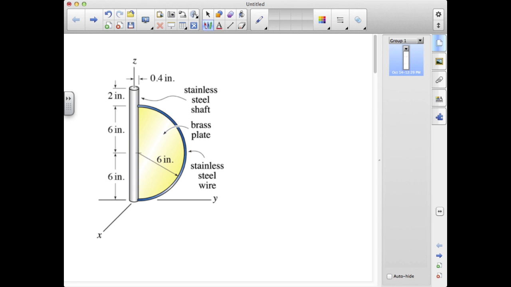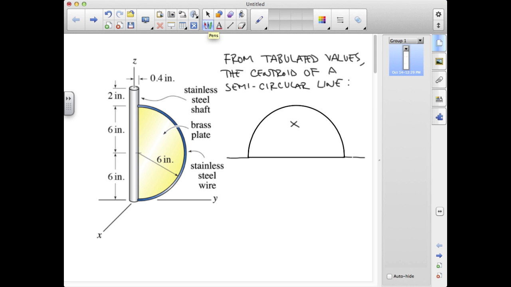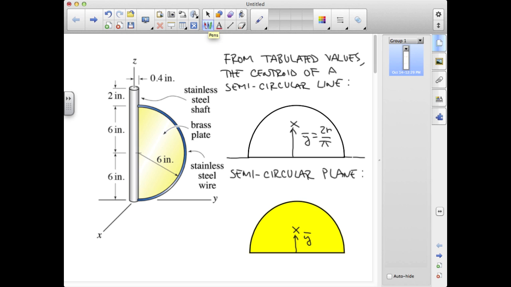The brass plate is semicircular, as is the stainless steel wire, and we could use tabulated values from our textbook to find the centroids of those quantities. For a semicircular line, the centroid is 2r over pi from the semicircular diameter. For a semicircular plane, the centroid is 4r over 3 pi from the semicircular diameter.